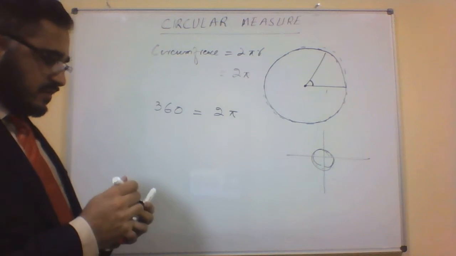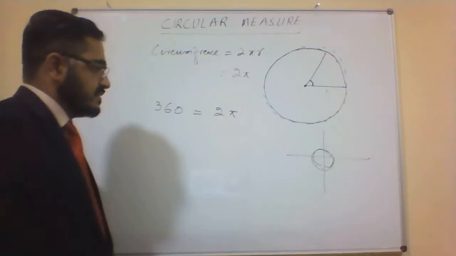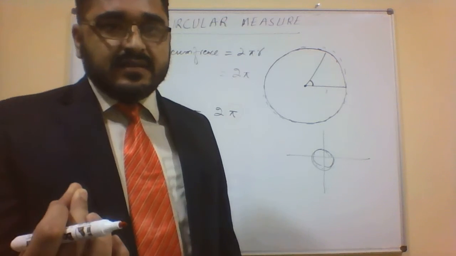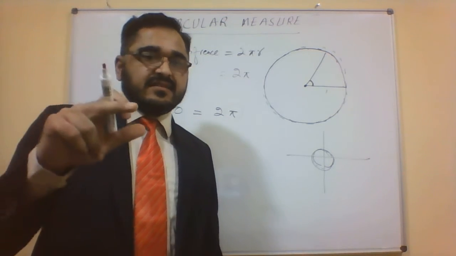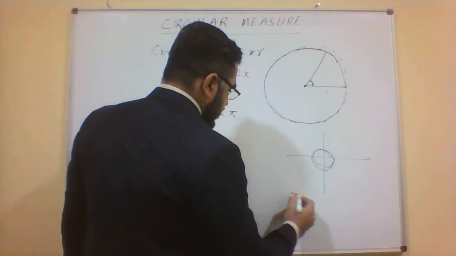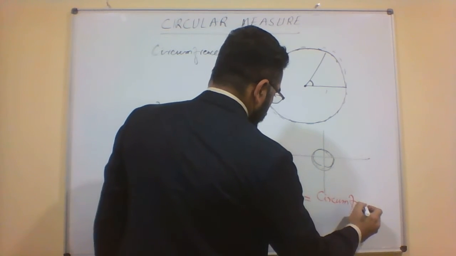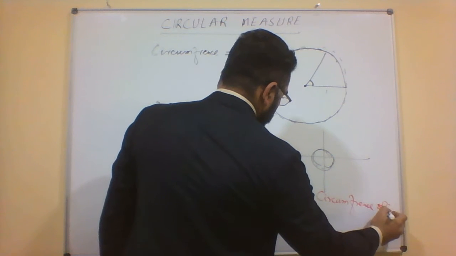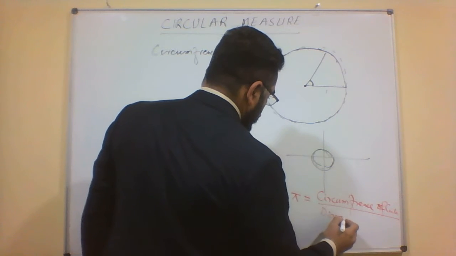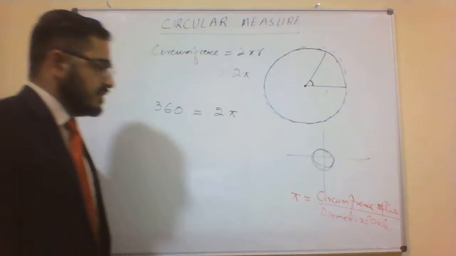Now first of all we'll discuss what pi is here. Pi is the ratio between the circumference of a circle and its diameter. You can write pi as the circumference of circle divided by the diameter of circle.